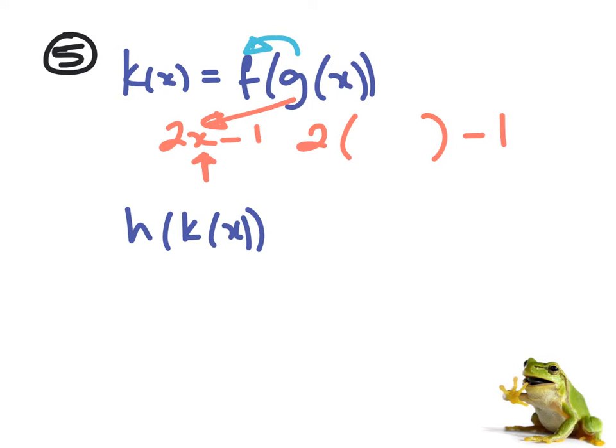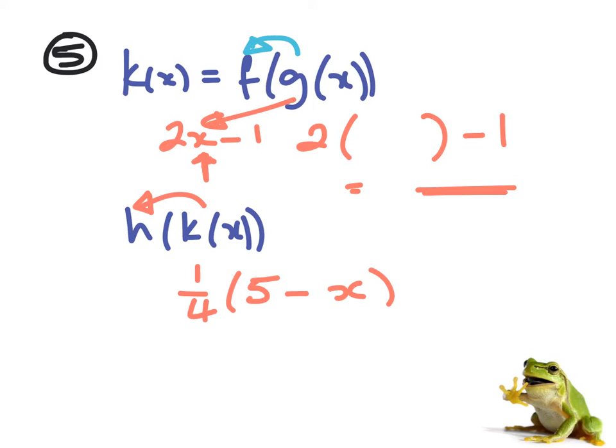For the second part of the question, the k formula goes into the h. Now you might be wondering what the k formula is. The k formula is what you got for the first part. So whatever you got for the first part, you put that into the h formula. Now the h formula was 1/4 bracket 5 minus x.